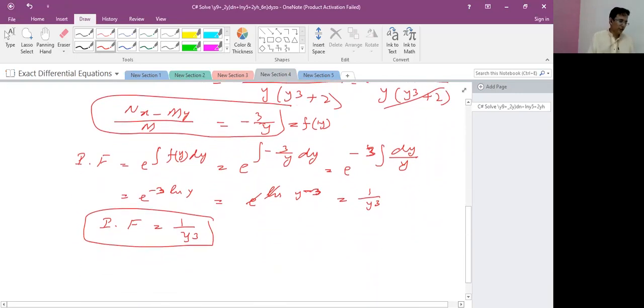In the next step, we find the integral. So it means multiplying by 1 upon y cube of equation number 1.